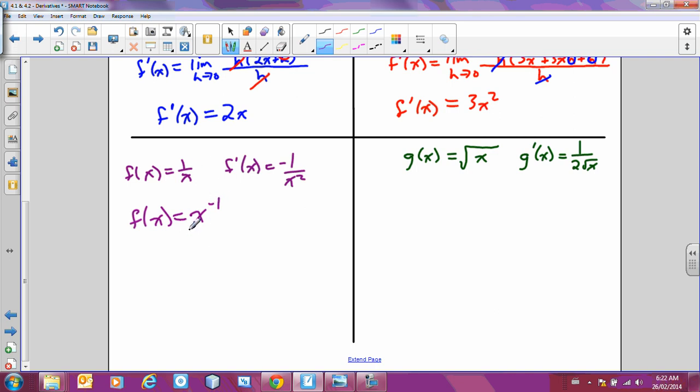Typically we go the other way. If I have x to the negative 1, I rewrite it as 1 over x. But really this and this are the same thing. Same thing is true here. This is negative, negative, and x to the negative 2.